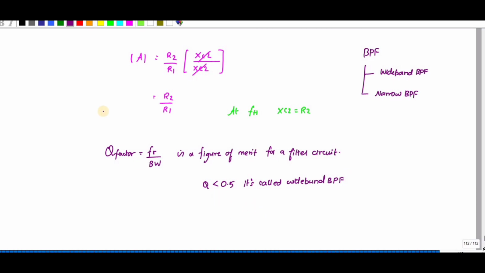So the narrow band means you will get the signal like this. Okay. So here you have what is called FR. Okay. So if I take the 3 dB value and if I take this one, the bandwidth looks like this. Okay. So what is the value of resonant frequency? It is root of FH and FL.